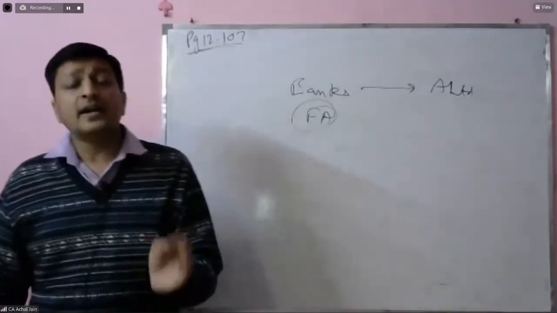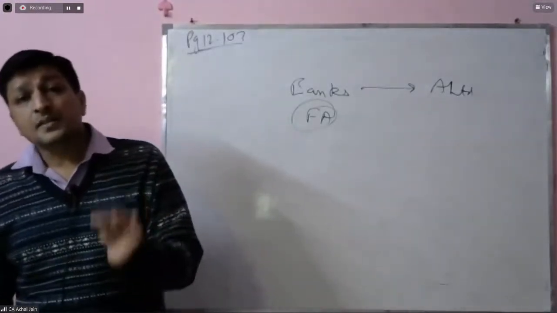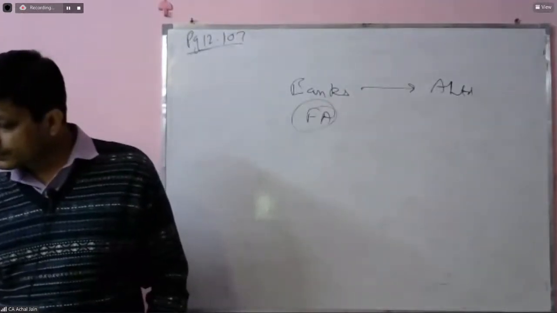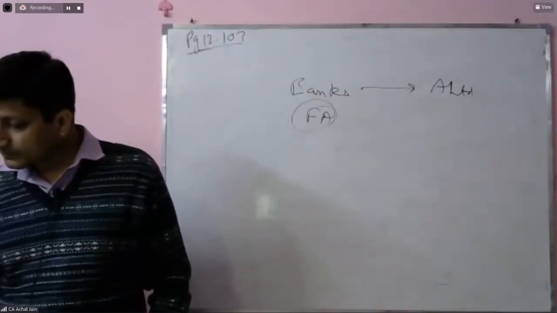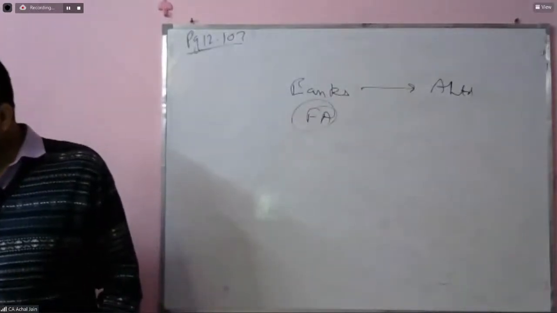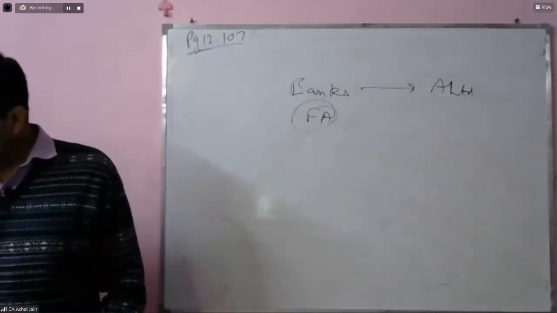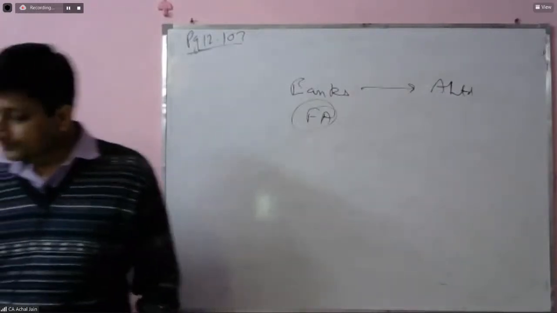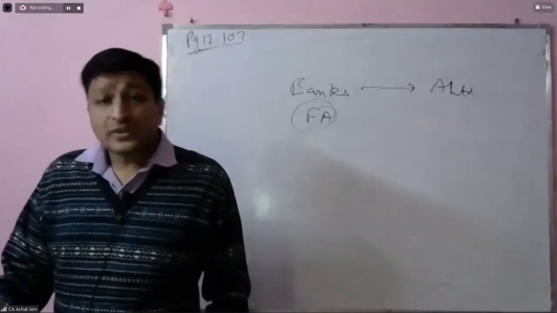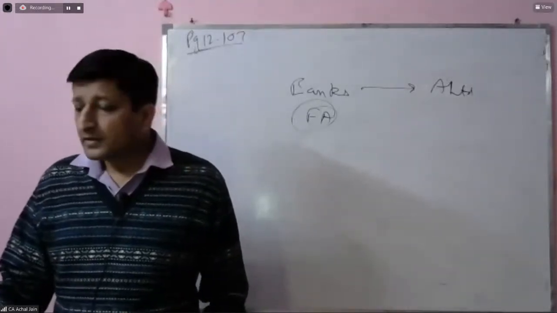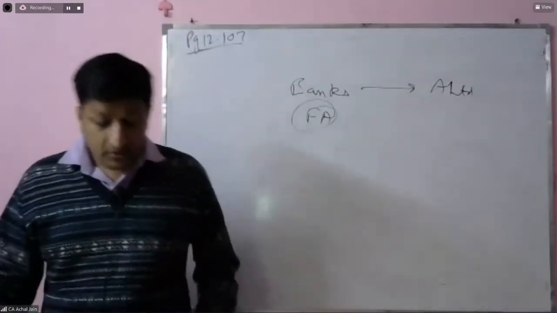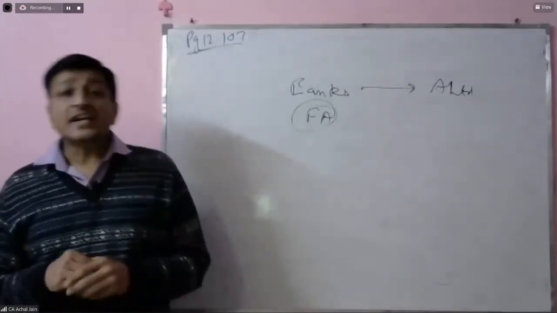Now let's understand about transferring substantially all risks and rewards. What do we mean by this? When you look at transferring substantially all risks and rewards, you need to understand that it's substantially all.